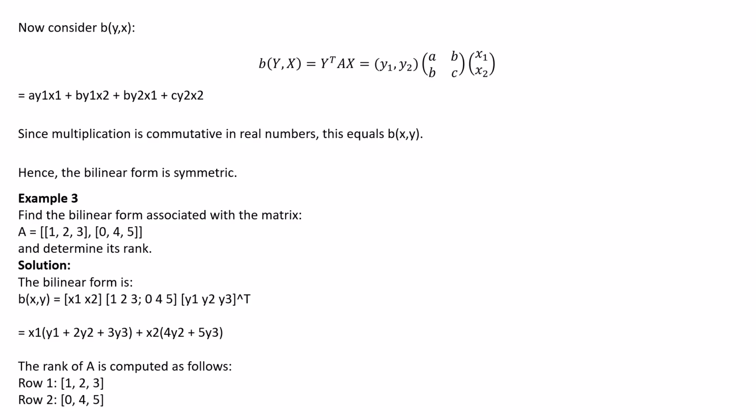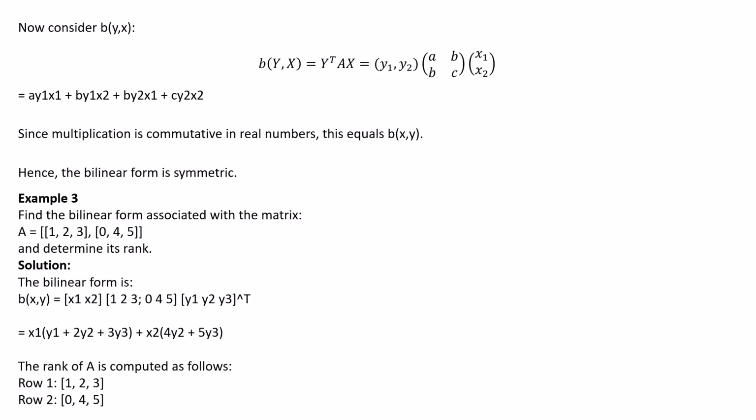Our A is given as 1, 2, 3, then 0, 4, 5. The first thing is to determine the rank of this matrix.